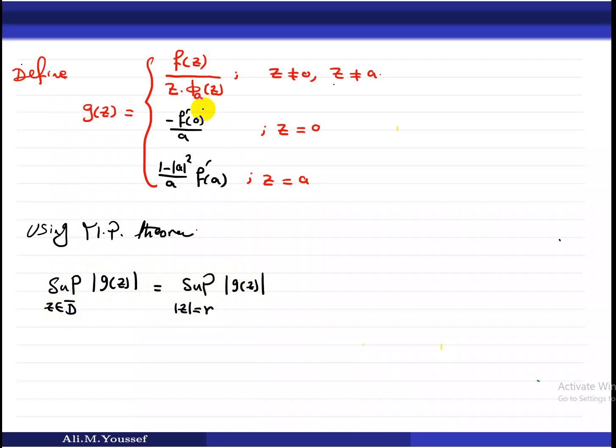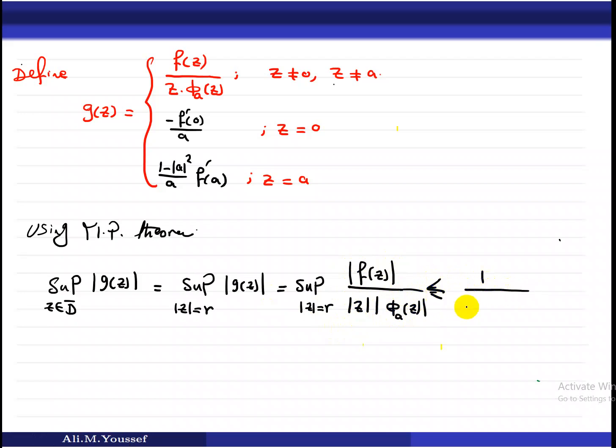So we have the supremum when the modulus of z is equal to r, and r goes to 1. Here we have the modulus of f of z, the modulus of z, the modulus of phi a of z, which is less than or equal to 1 over r, the modulus of phi a of z.